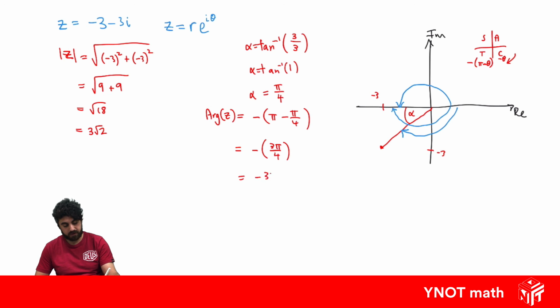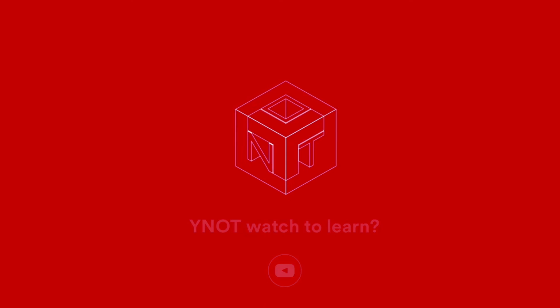So we get minus 3 pi on 4 for the argument. And now we can successfully express it with Euler's formula, because we know the modulus is 3 root 2 times e to the power of minus 3 pi on 4 multiplied by i.